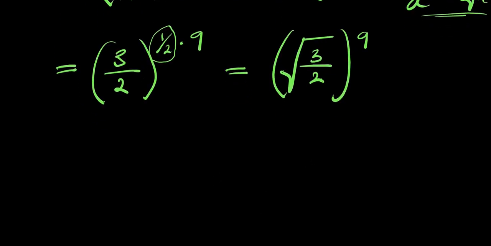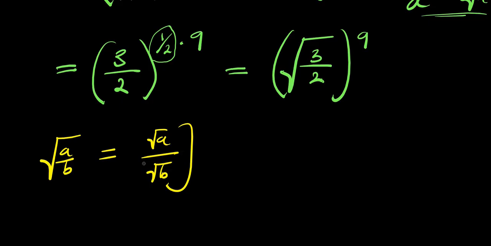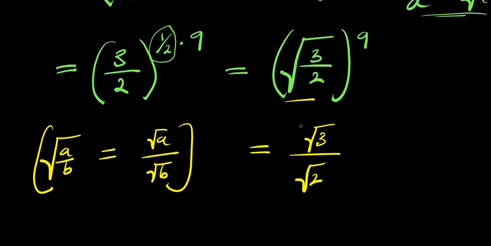And from here, if you have square root of a divided by b, this equals square root of a divided by square root of b. So applying that here, we have square root of 3 divided by square root of 2, and this is raised to the power of 9.